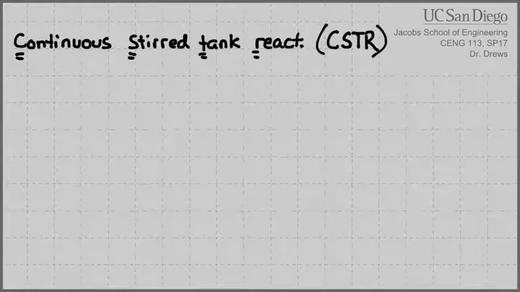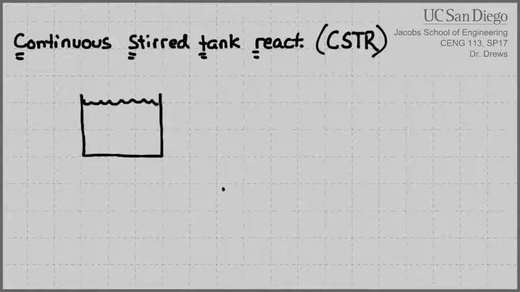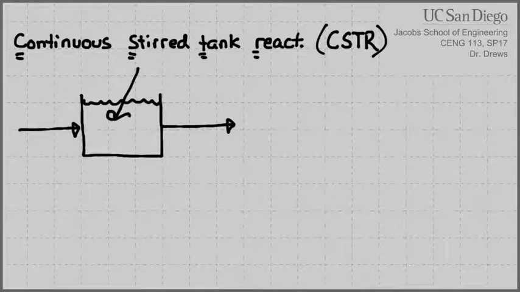The diagram that we typically use for this, unlike the plug flow reactors, actually looks like that diagram. The reactors really do kind of look like this. If you vote for the bioreactor, I can steal the bioreactor from our lab and bring it in so that you can see what it looks like. Looks like a tank that has continuous flow going in and out. There's usually a mixer that sits inside here, hence the term continuously stirred.